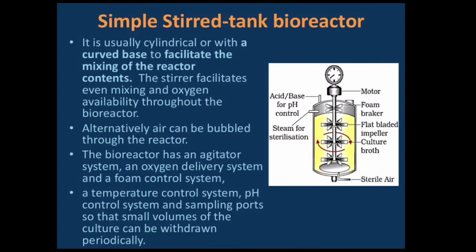Alternatively, air can be bubbled through the reactor. The bioreactor has an agitator system, an oxygen delivery system, a foam control system, a temperature control system, a pH control system, and a sampling port so that small volumes of the culture can be withdrawn periodically.